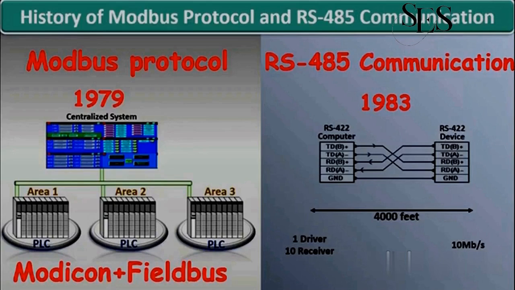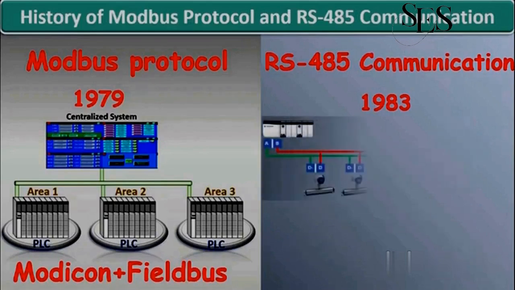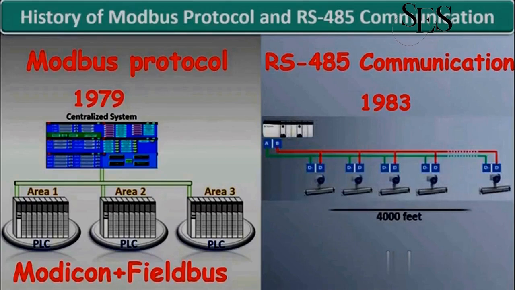To further improve the communication method, RS-485 was introduced, which can communicate up to 31 receiver or slave device with a much higher communication speed up to 30 megabyte per second.